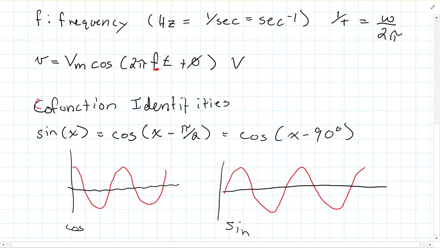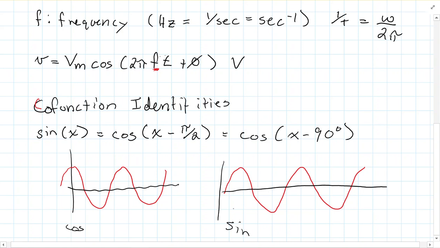If I just moved this cosine function a little bit to the right, I would have the sine function. Minus 90 degrees or minus pi over 2 is a horizontal shift to the right, so I literally am just moving the cosine function a little bit to the right, which gives me the sine function.